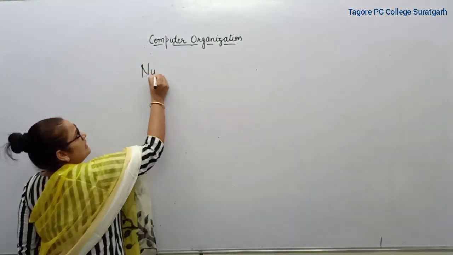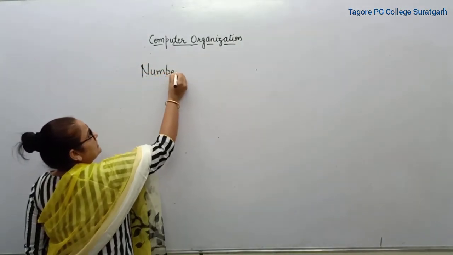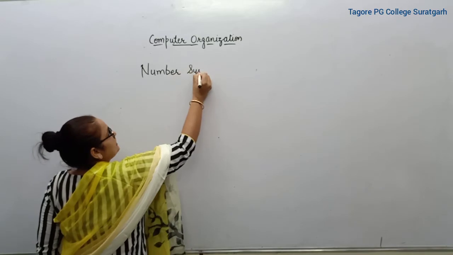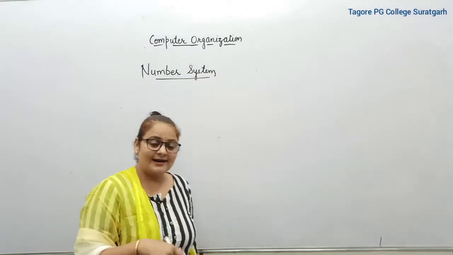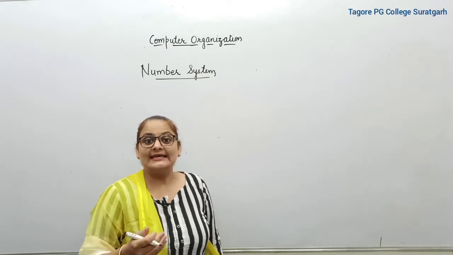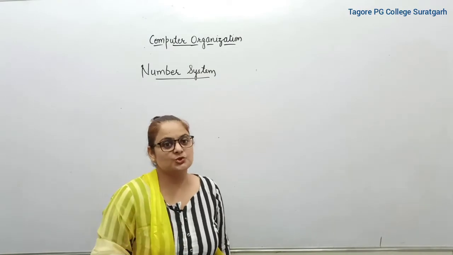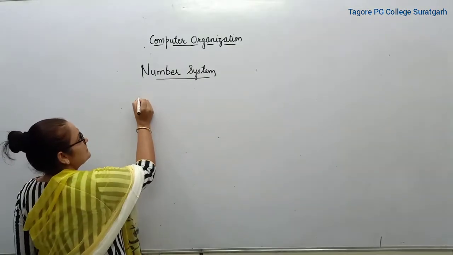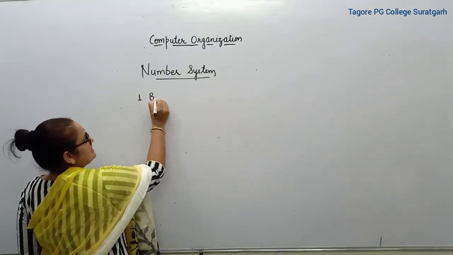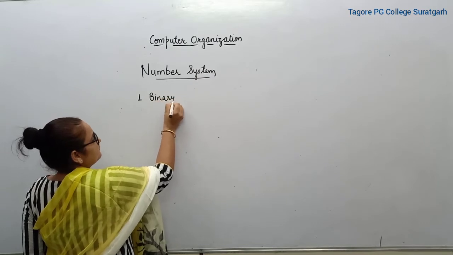In the number system we learn how the computer translates its language to our language and how it understands our language into its own language. In the number system, we will first see the binary number system.